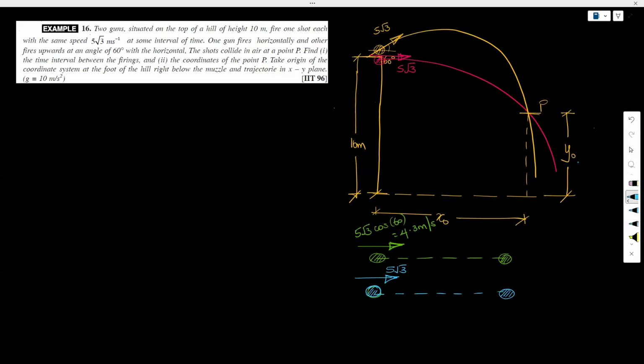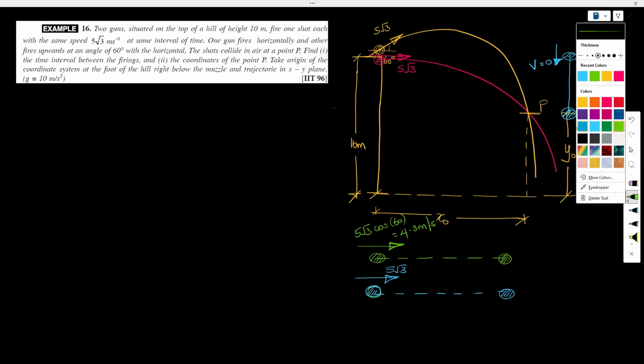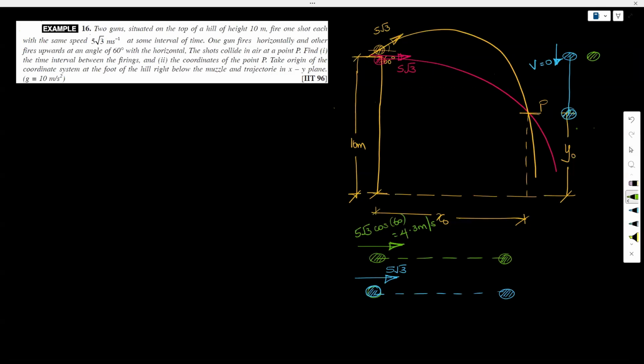Meanwhile, this particle is going to travel to the point P straight down. The velocity component in the vertical direction of that is going to be 0. However, the other one is going to go up and then come down.